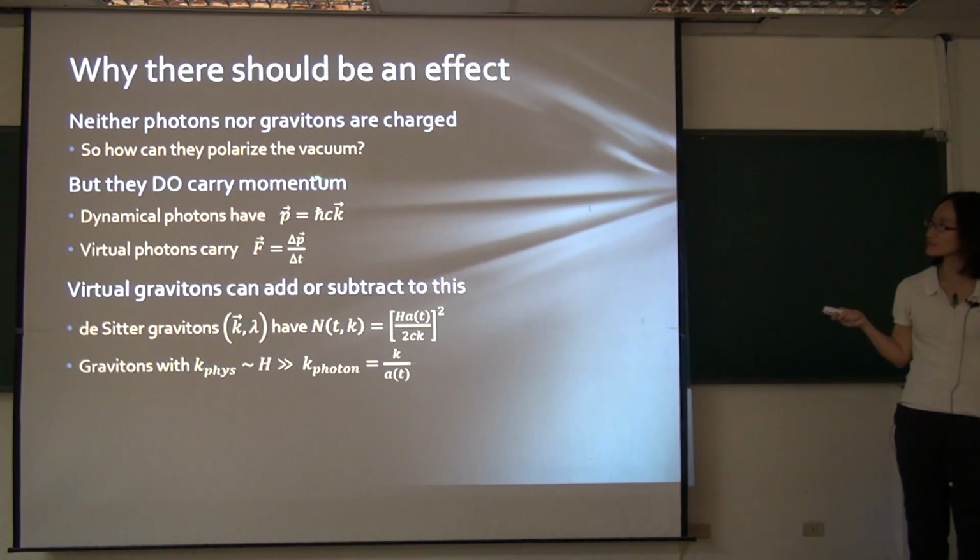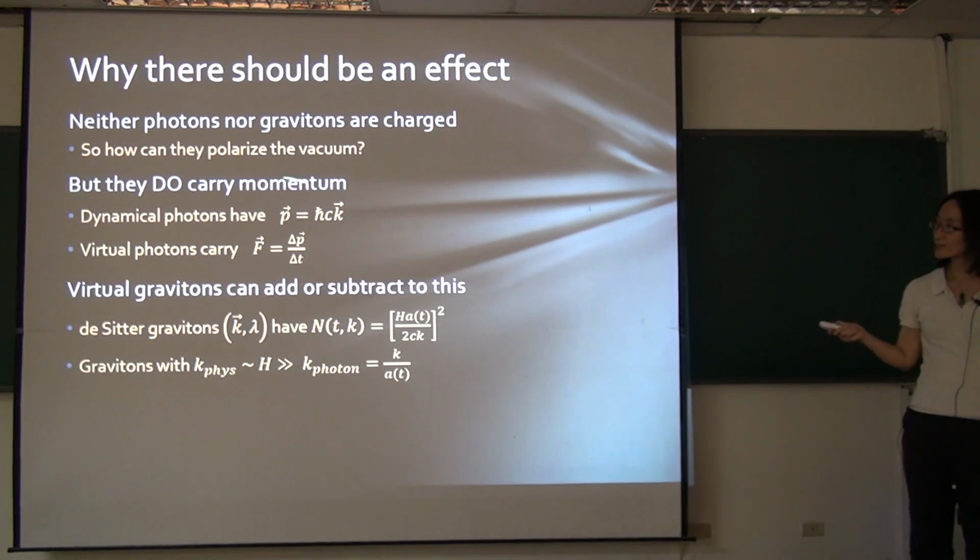And why do big effects exist there? How can they deliver the effects? So the thing is, you can think of this pure photon one. Suppose the dynamical photon has a momentum like this, and the EM force, which is carried by virtual photons, has a momentum changing with time.